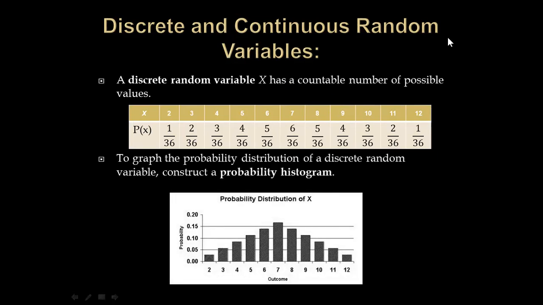As you can see here, whatever real numbers of x are listed above are plotted on the x-axis, whereas P of x, which is actually the y variable, or the probability of x, is on this axis.